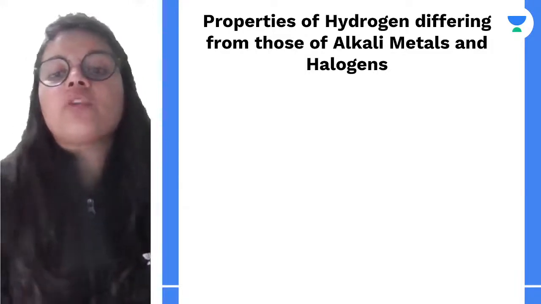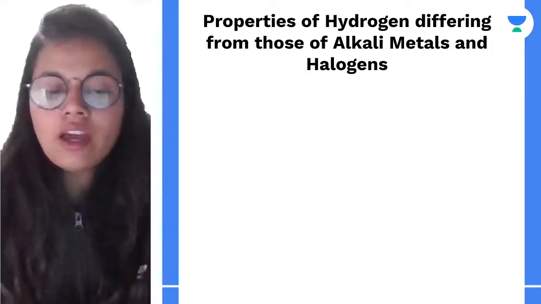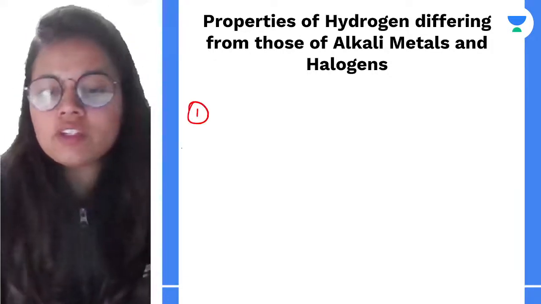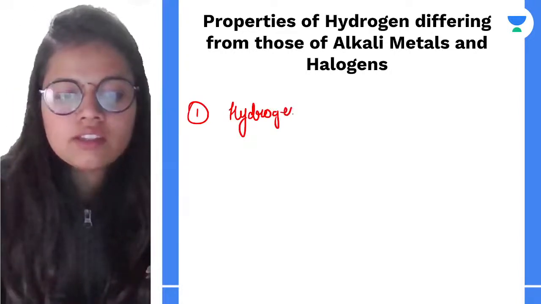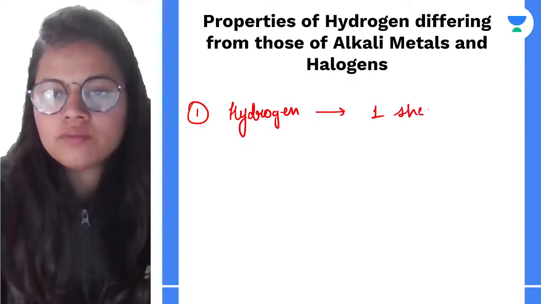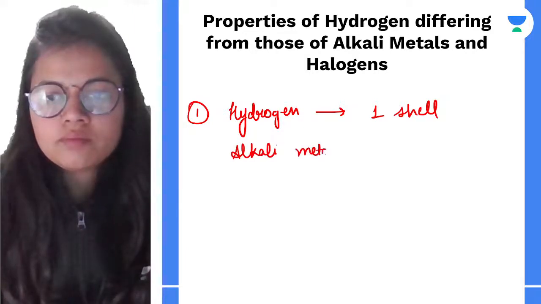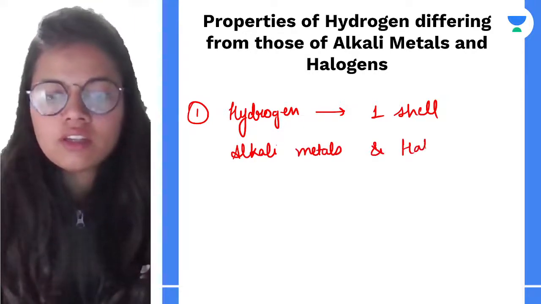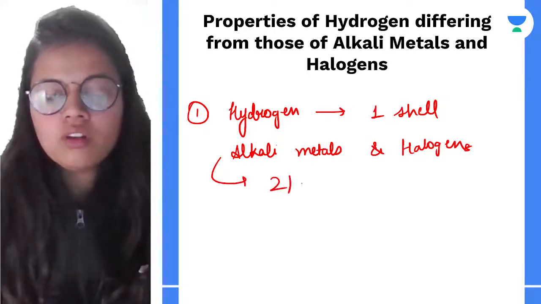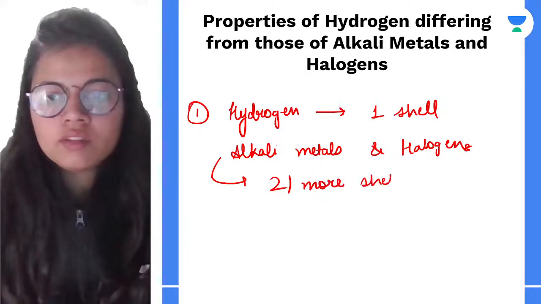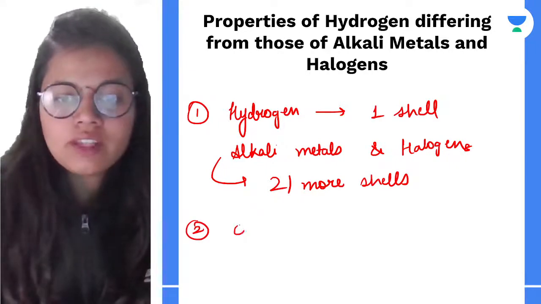Now this is not the only case. We also have properties which are different from alkali metals and halogens. The very first one is shell. Hydrogen has only one shell, but alkali metals and halogens have either two or more shells. So this is the very first thing. Next is the oxide.